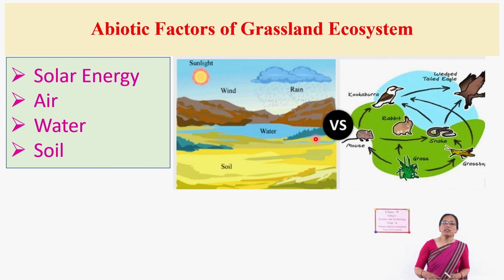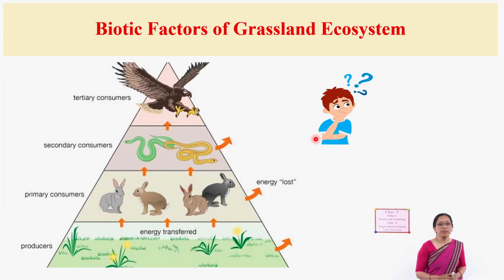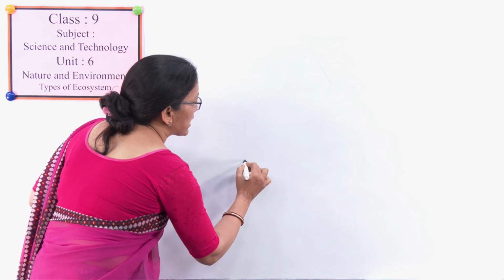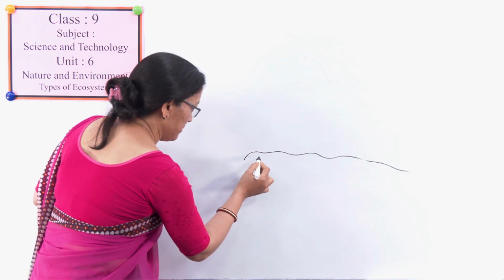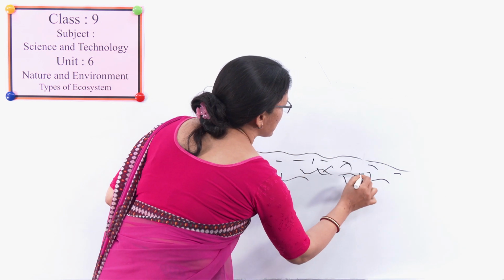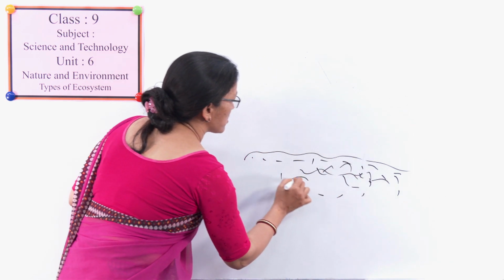Now, what are the biotic factors of the grassland ecosystem? Just a piece of land we can draw here. See, this is soil. Inside the soil, air is also present, and water is also present.